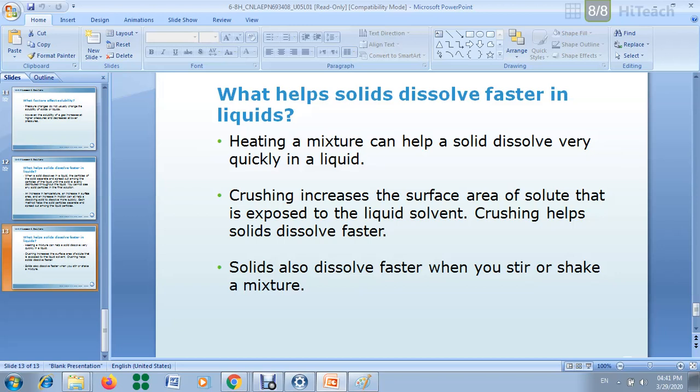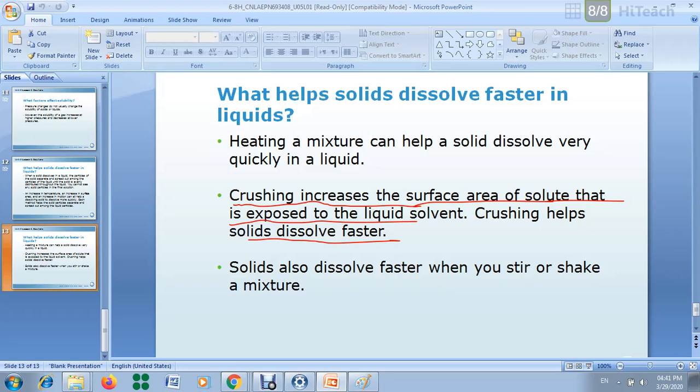For sure, the powder sugar. Why? Because the particles are smaller, so it's easy for them to spread through the liquid particles. It's easier than with the cube sugar. The cube sugar will take a longer time to dissolve in a liquid. So crushing increases the surface area of a solute that is exposed to the liquid solvent. Crushing helps solids dissolve faster. So this is the second one.